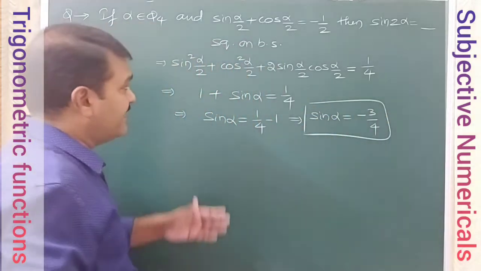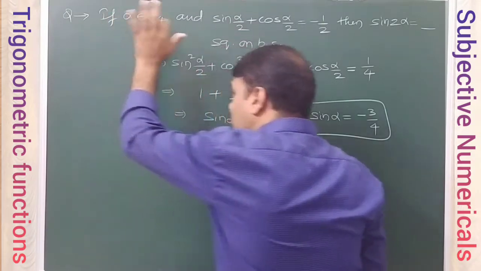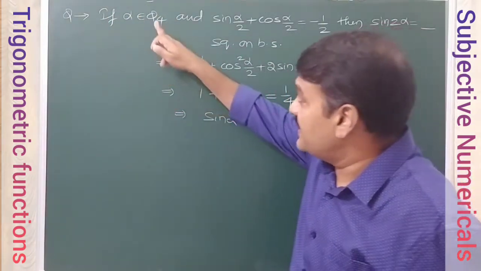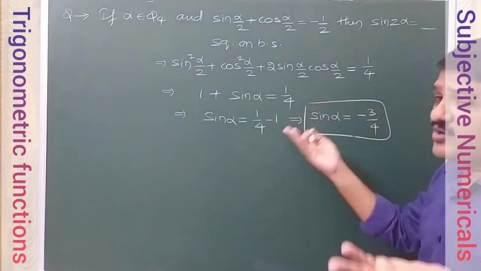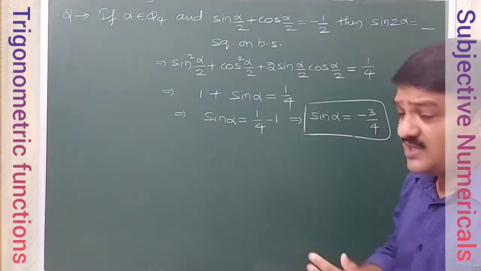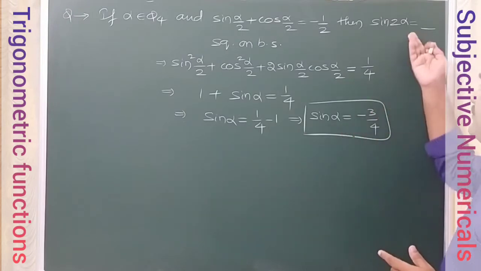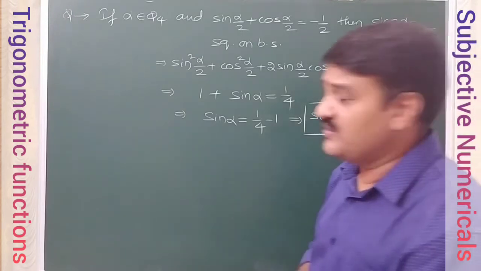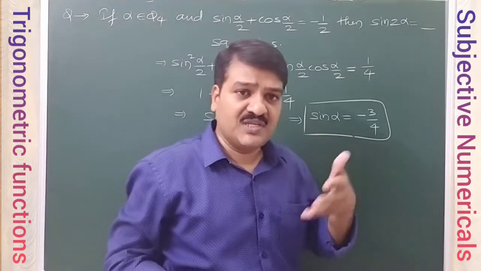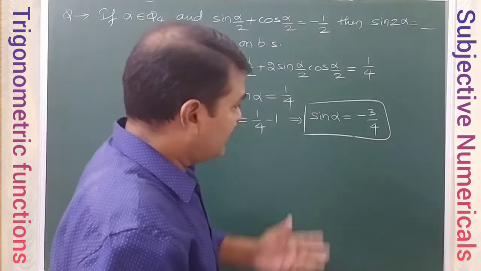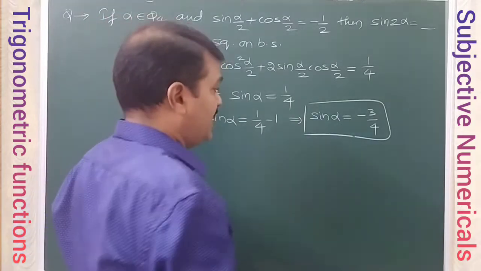And it is given that alpha lies in the fourth quadrant. Using sin alpha, let us calculate cos alpha also. When we get cos alpha, it is easy to find sin 2 alpha directly using the formula. We can find cos alpha directly using an identity, or we can take a right angle triangle, anything is okay.